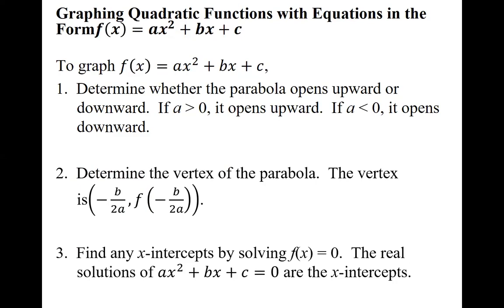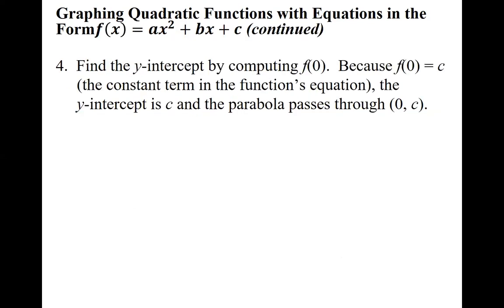Then from there, we find our x-intercepts, we find our y-intercept, and the shortcut for the y-intercept is that when we plug 0 in for x, all it leaves is c. So the plus c is our y-intercept.